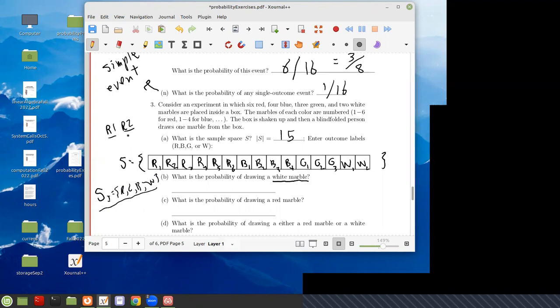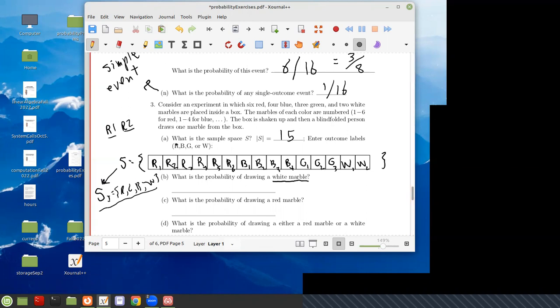So this is a two-layer situation in which underneath you have a 15 outcome set, and each of these outcomes on the surface is actually an event in this underlying sample space.